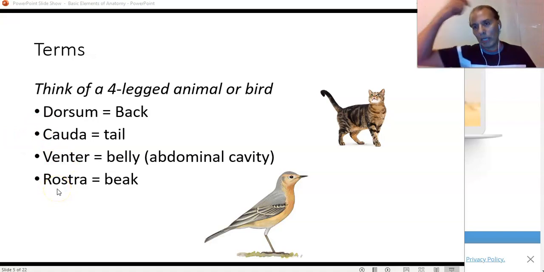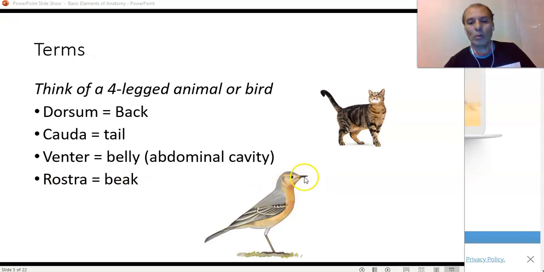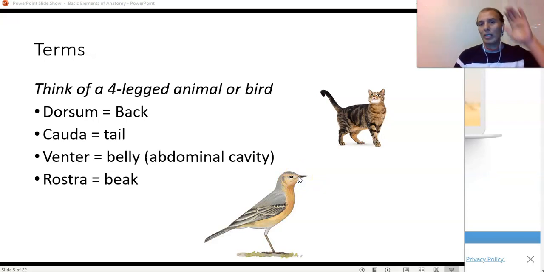Rostra is basically the beak of a bird. Because that also has a reference to the head, we say rostral. It has to do with the head. Rostrally, it goes in the direction of the head.